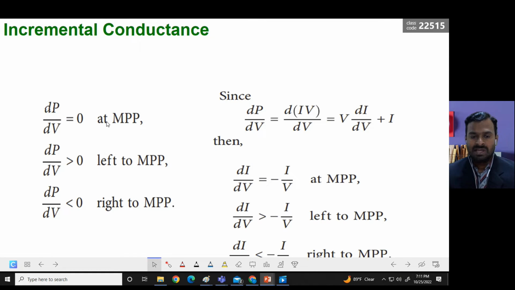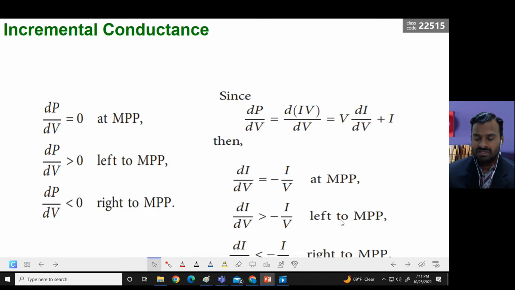You can see the same thing if you differentiate dP by dV using the mathematical formula. This is the differentiation formula for d(uv), and when we apply that, we get V dI/dV plus I, and dI/dV equals minus I/V. This is for the maximum power point.